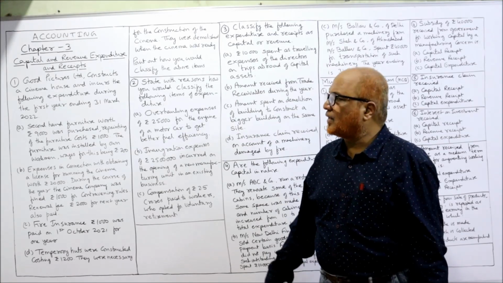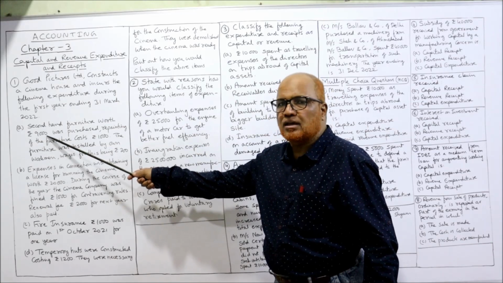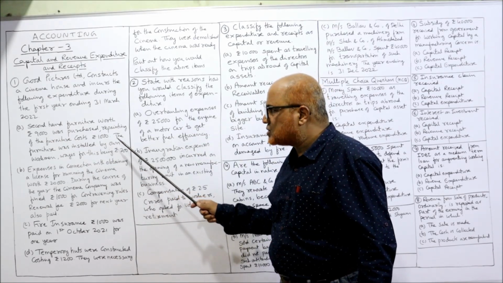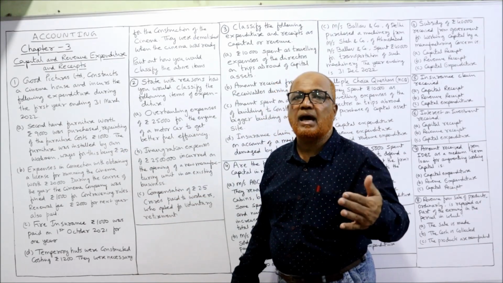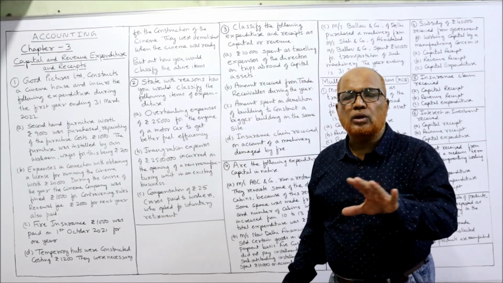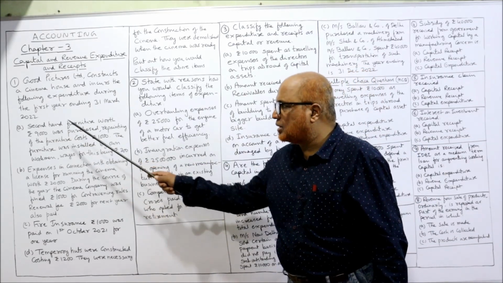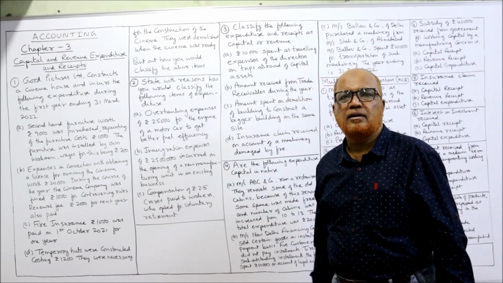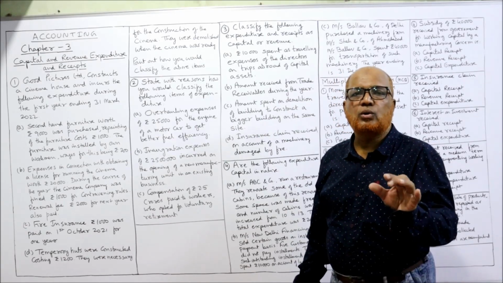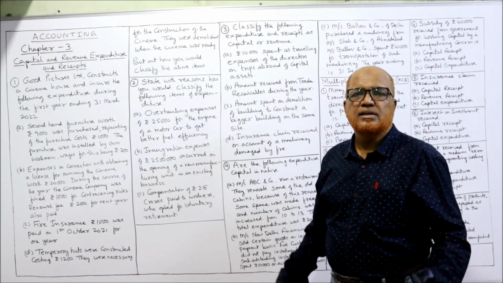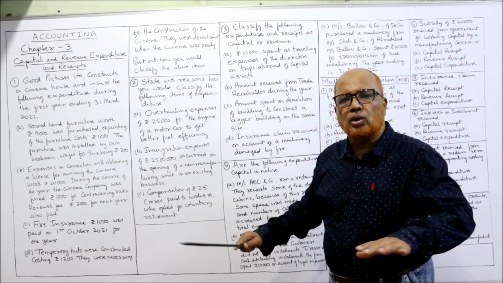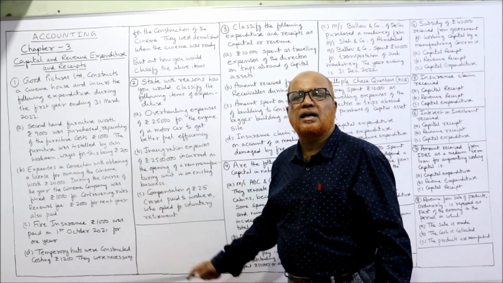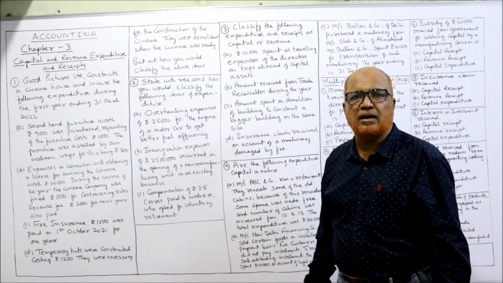So the cost of the furniture is not only this 9,000, but this 1,200 should also be capitalized. The total furniture cost will be 9,000 plus 1,000 plus 200, so 10,200 is the total cost. Simply we can say the total expenditure incurred is a capital expenditure.